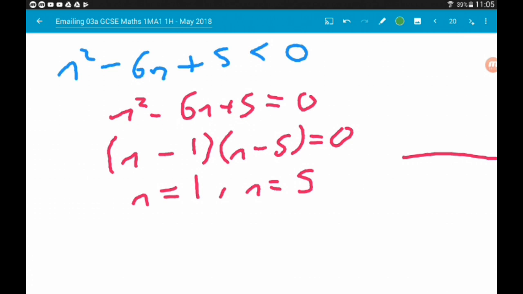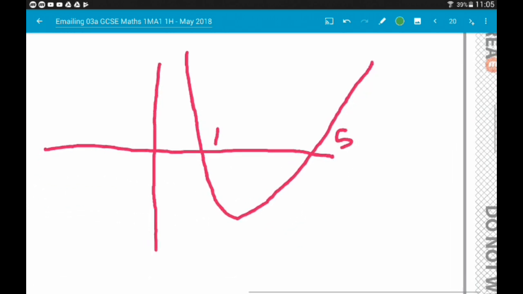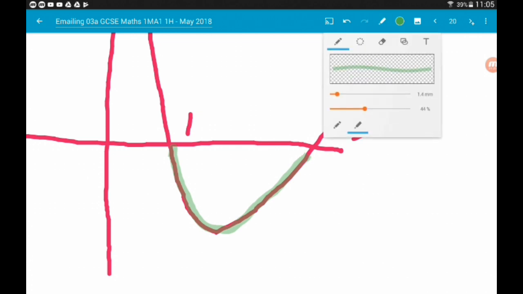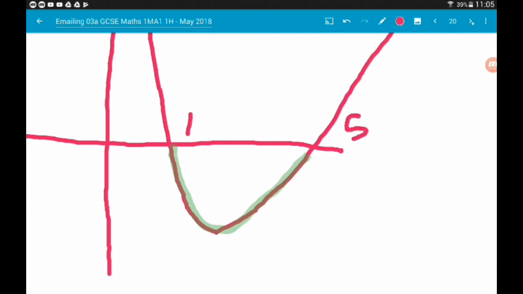So what we want then is the part of the graph below the x-axis. On the x-axis, the graph is equal to 0. Above the x-axis, the graph is greater than 0. Below, we are less than 0. So the part of the graph that we want is this bit. Now, we don't want the graph to be equal to 0. It's strictly less than 0.